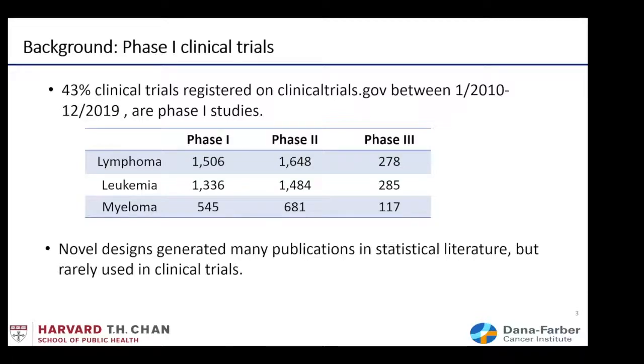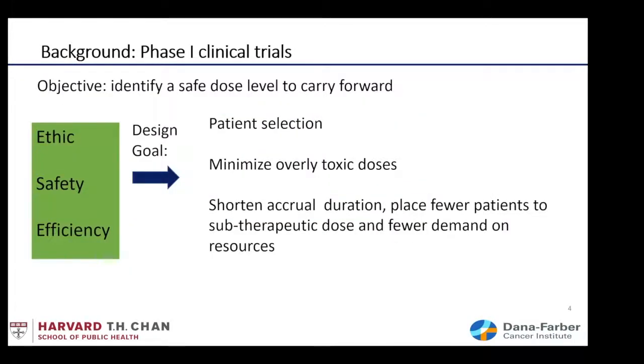Whenever we talk about designs, the design has to serve an objective. So we have to see what the objective of phase 1 trials is, and our design needs to meet that objective.